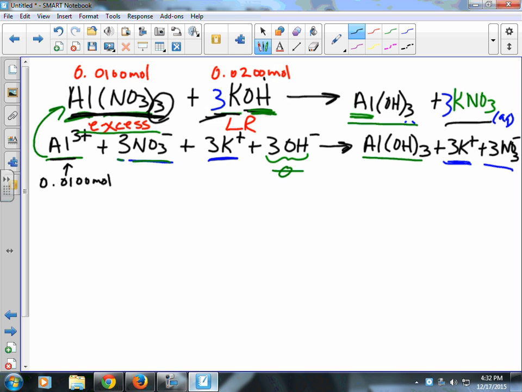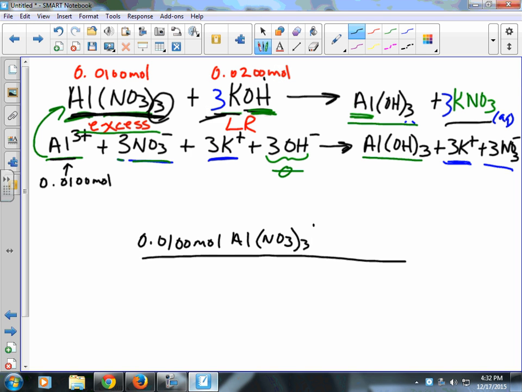So if we start with 0.01 moles of aluminum nitrate, for every 1 mole of aluminum nitrate, we have 3 moles of nitrate ion.